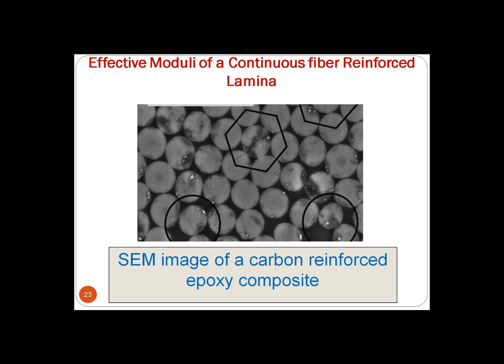A representative volume element is used to convert the non-homogeneity of a composite into the homogeneity of a composite. And the empty space which is showing nearby to these cylindrical fibers is due to the void content and with epoxy.